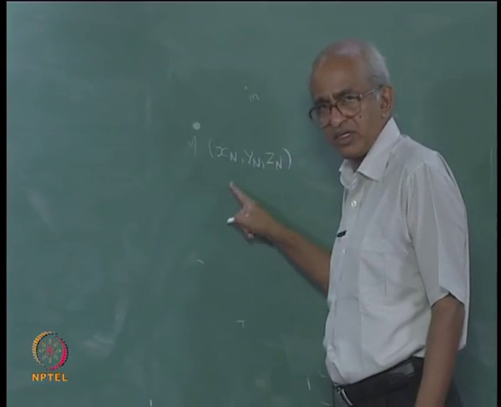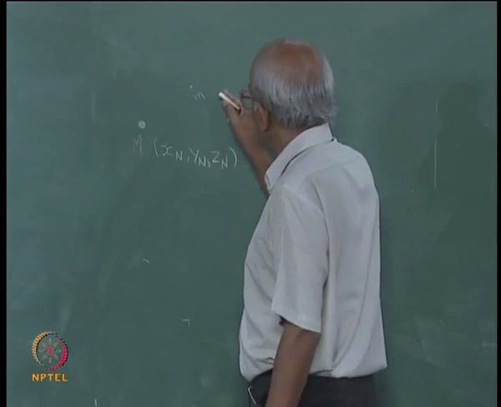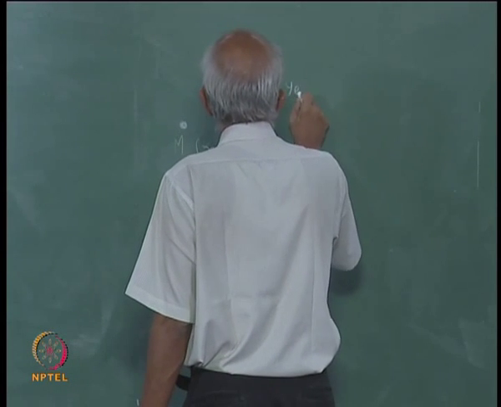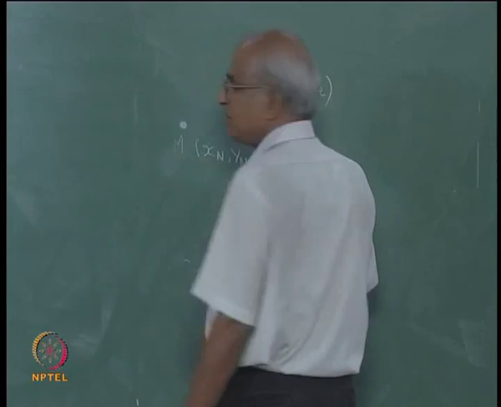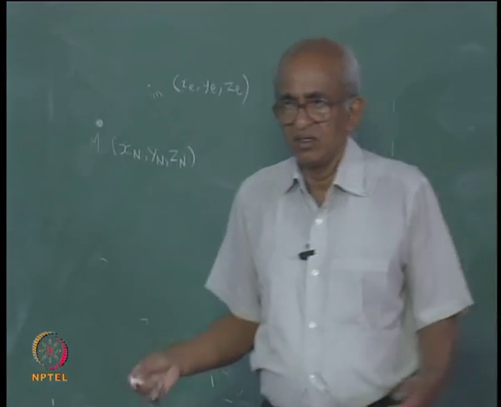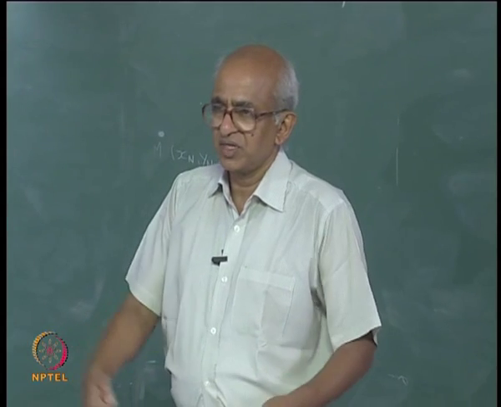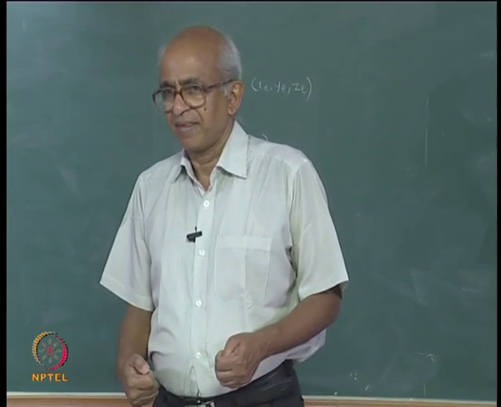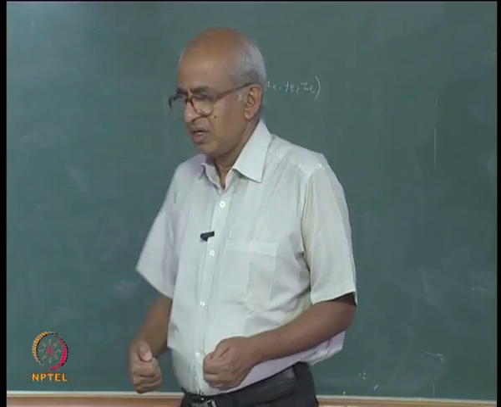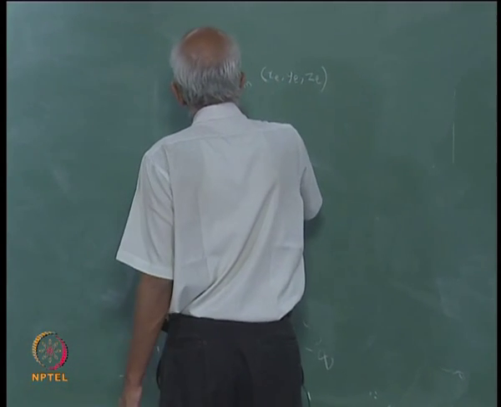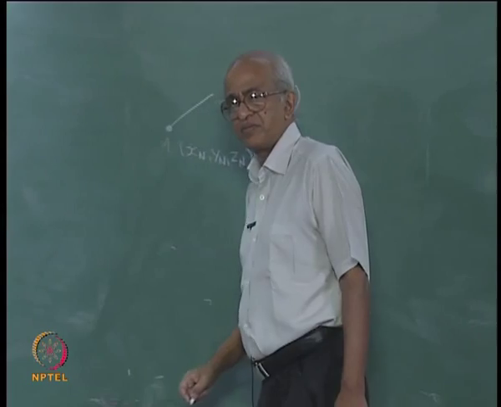Nucleus is located at this location, while the electron is located at xe, ye, ze, right. These are the coordinates that we are using, fine.